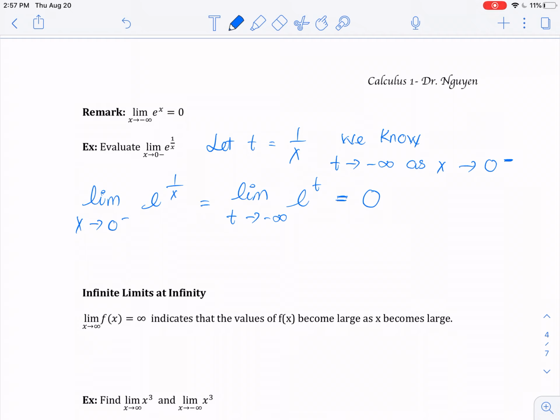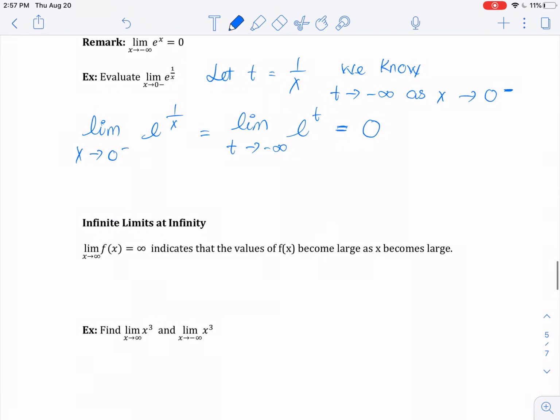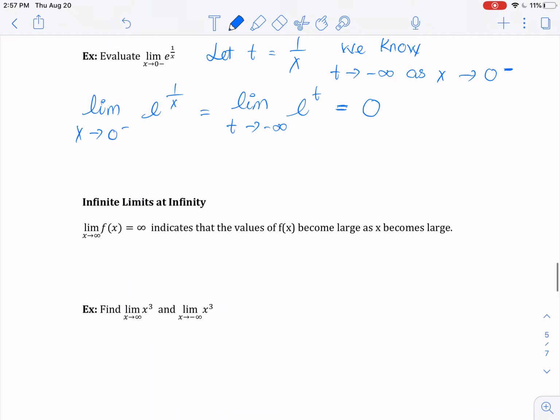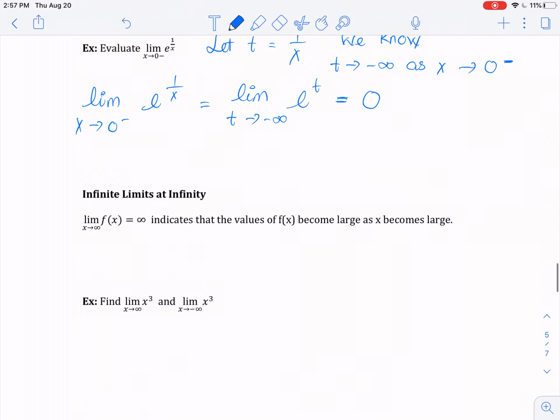Now moving on to the infinite limit at infinity. So pretty much as x becomes super large, f of x becomes large. So let's take a look at the cube function.